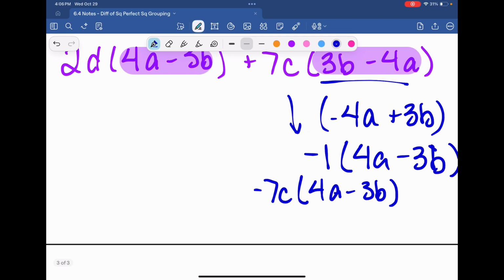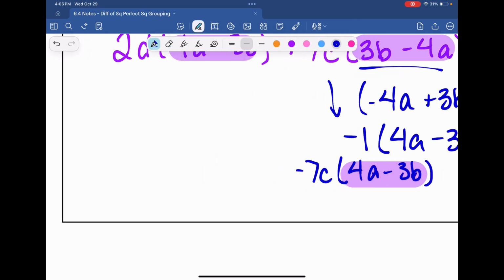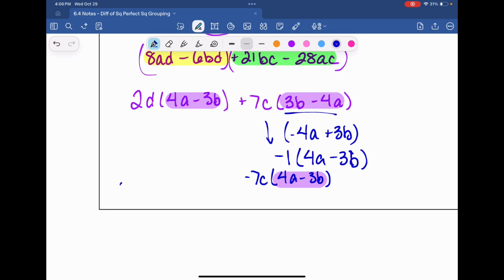Now I have a common factor. So 4a, 2d minus 7c. Minus from there.